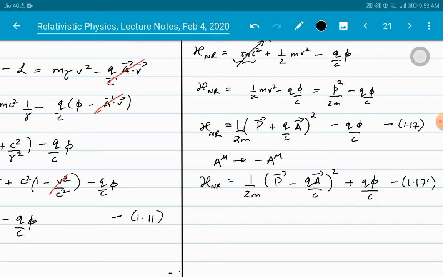Now just to mention, are we allowed to do this? Are we allowed to take the vector potential to its negative, or in other words, are we allowed to perform this operation of parity, changing the parity of the vector potential?